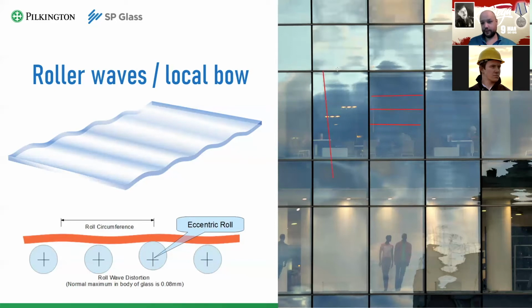If you have vertical distortion, then when you are walking by the facade, your reflection will move. If they are horizontal, when you move by the facade, the reflection almost doesn't change. So always tell your glass processor where the height and the width of your IG unit are, so he can position the glass properly in the furnace. Because if you haven't told him in advance, that is not his fault.